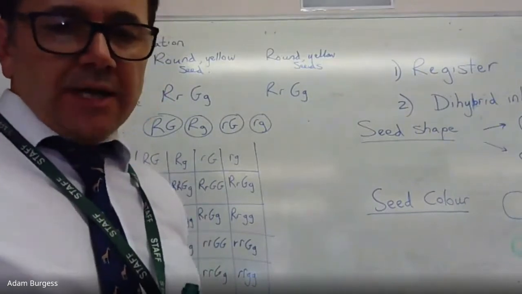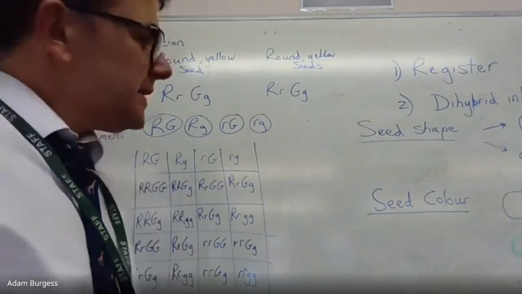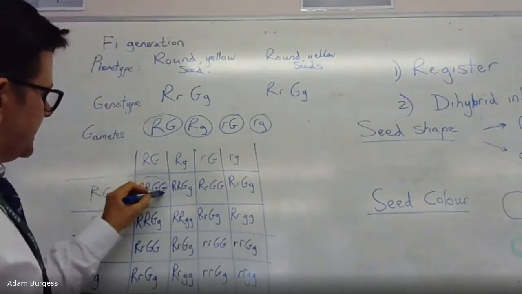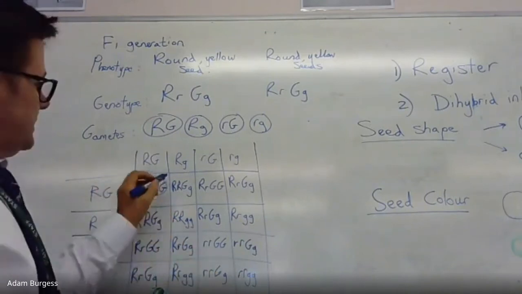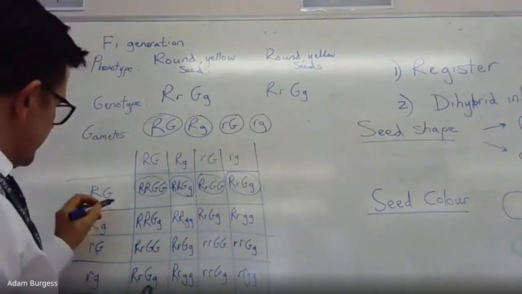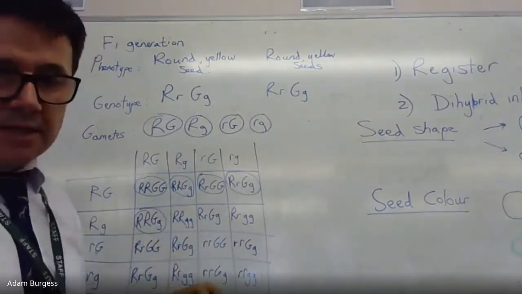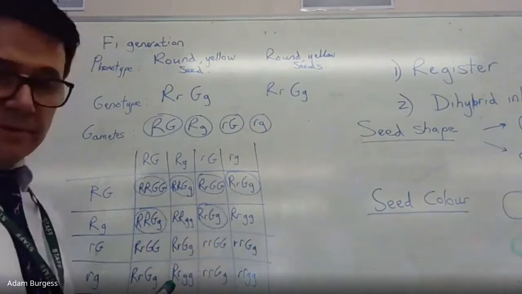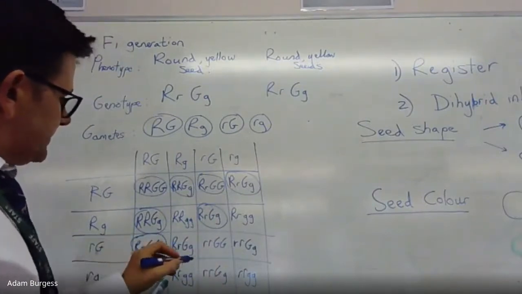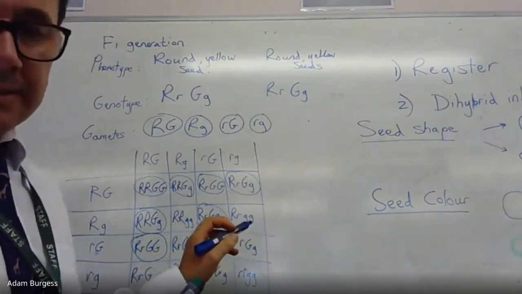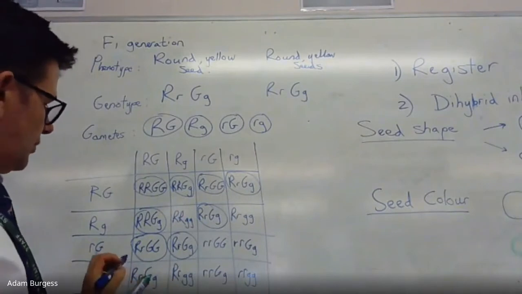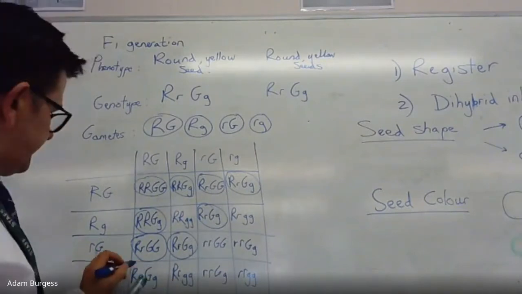For example, there's one, that's one, that's one. Round yellow, round yellow, round yellow. There's one more. Is that it? Yeah.